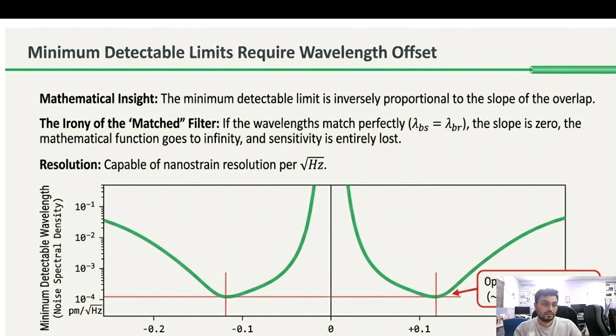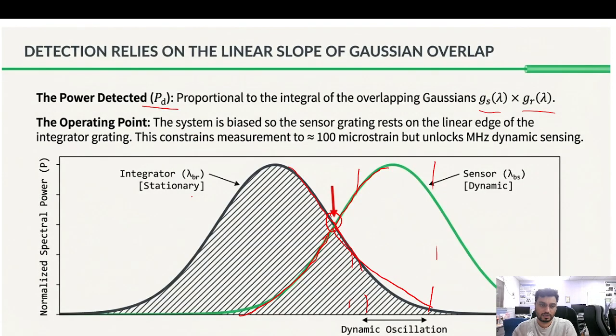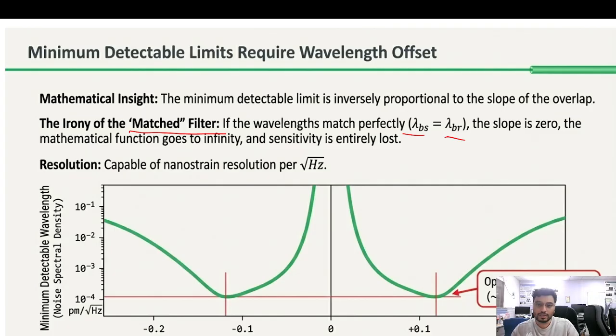And then the irony of the matched filter is, if the wavelengths match perfectly, lambda BS and lambda BR, the slope is 0.